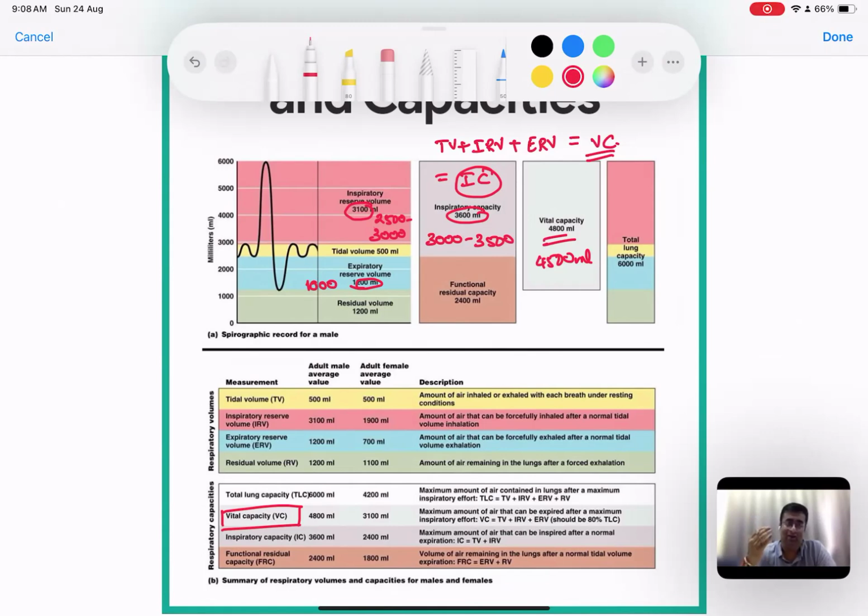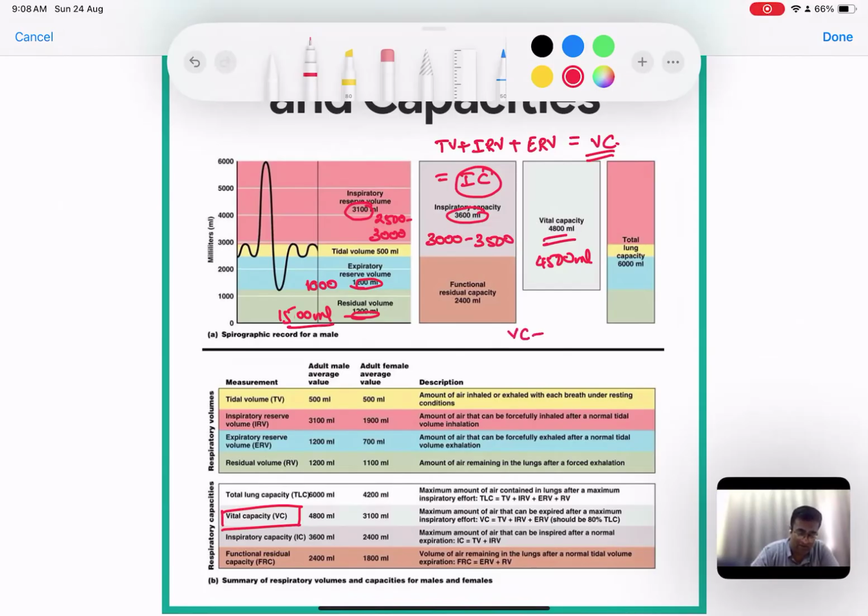That's the reason why some amount of air should always be left behind even after a maximum expiration. This air that is left behind is called residual volume, which is about 1000 ml. It's 1500 ml as per the ICSE textbooks. So vital capacity is 4,500 and residual volume is 1,500.